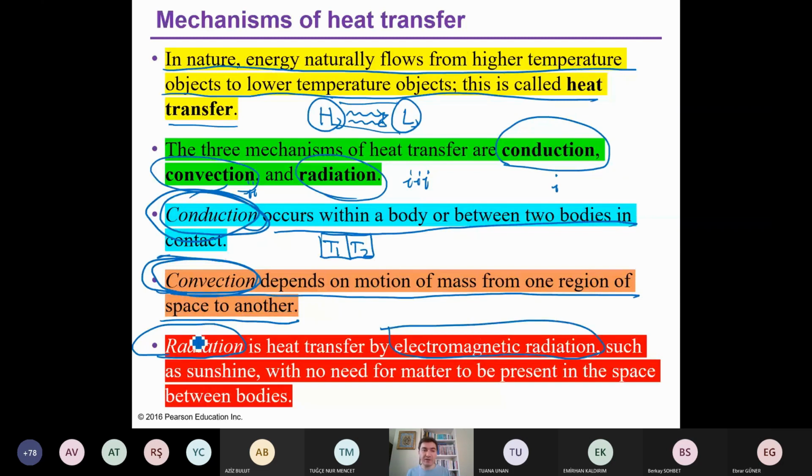For example, sunshine: electromagnetic radiation comes from the sun and transfers heat to the earth, with no need for matter to be present in the space between bodies. So this is the main difference of heat transfer by radiation.